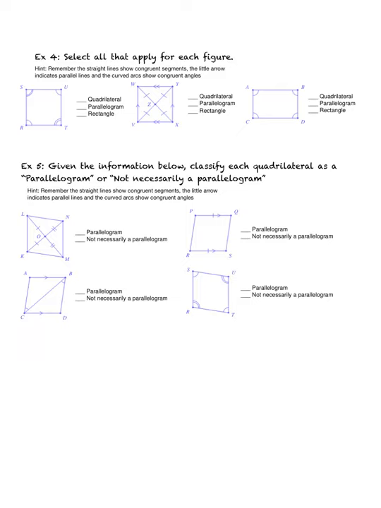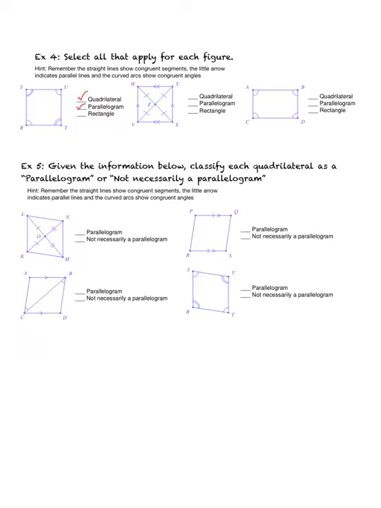Well, yeah, it has 4 sides. It's a quadrilateral. Now in this, we don't know any side measures, but we know opposite angles are congruent. That's a parallelogram. Do we know if the angles are 90 degrees? We do not. So we do not know if it's a rectangle. So we have to leave that blank. We don't know.